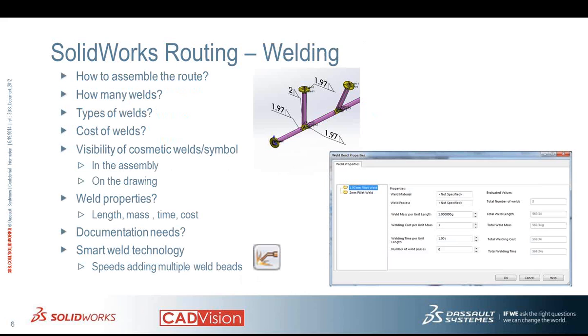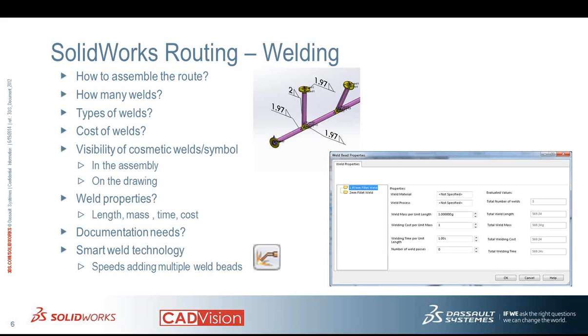So then what about welding? For welding in SolidWorks, since 2012 we have the weld path. Basically you just need to draw through the components and the weld is created. In these welds we will talk about how the assembly is being built, how many welds we need, the types of weld we need, the cost of the welds, visibility of cosmetics, and weld symbols.